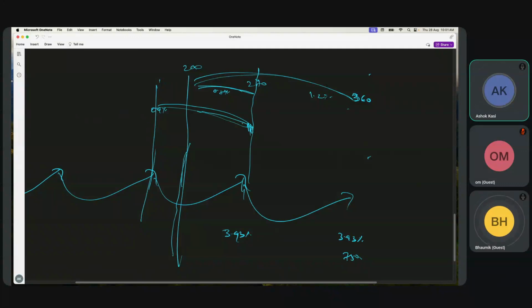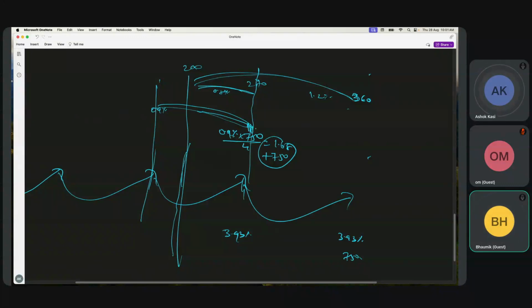So when you get this amount, it will be repriced at par. That means how much will you get? What is 0.9 percentage of 750 divided by 4? 1.6875. So 1.68 you will get plus 750.